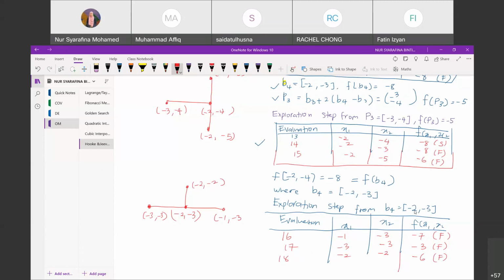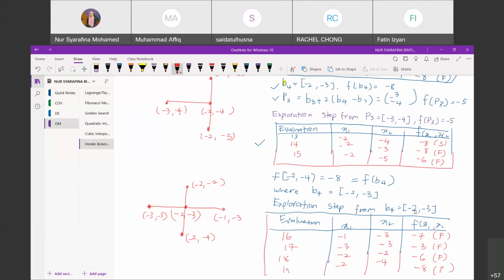Okay, and we move again downside. We will have -2, -4, and we have -8, the same, which is a failure, because we already have -8.